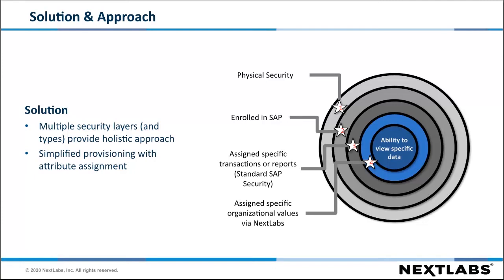The challenge with that is it's basically impossible without significant customization to apply those consistently across an entire SAP framework with the tools available to you in an RBAC model. So that's where this ABAC and the NextLabs solution assisted us, and that was the 4th layer of security that we were able to add on.